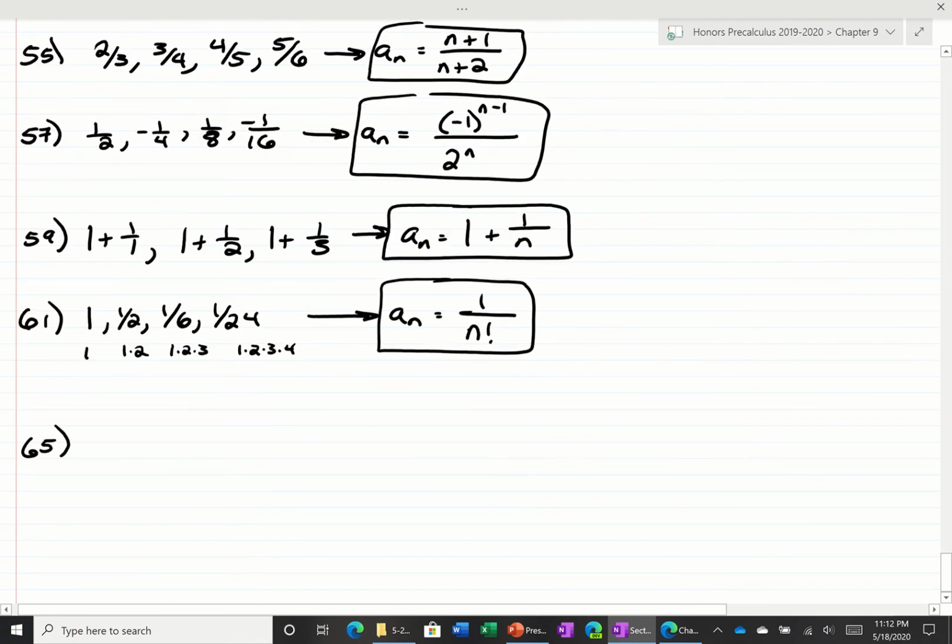For number 65, we're trying to come up with a function. A sub 1 is 6, and a sub k plus 1 is the previous term plus 2. And while I'm writing this down, we'll do 67 also. For 67, it says a sub 1 is 81, and a sub k plus 1 is 1/3 a k.